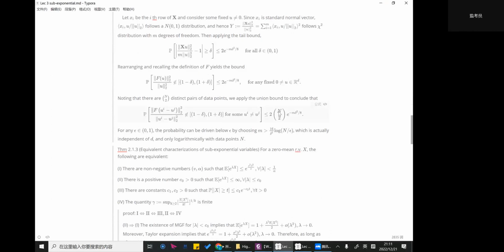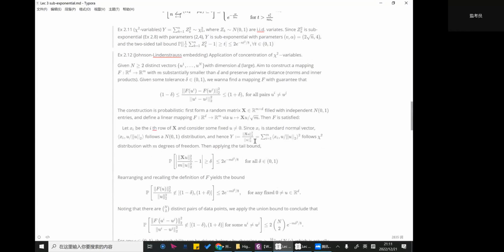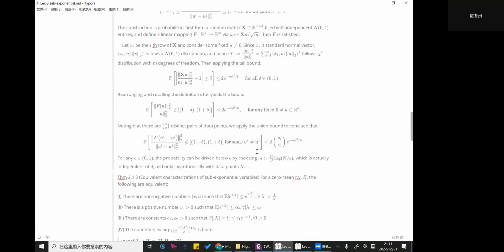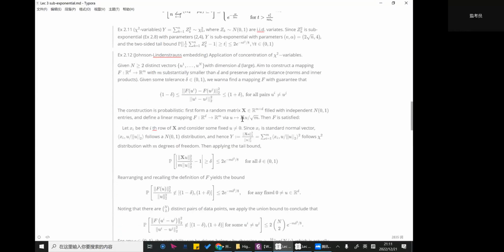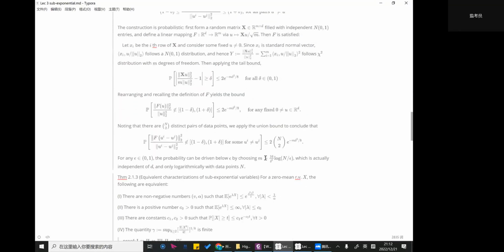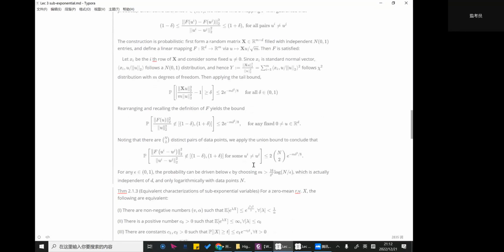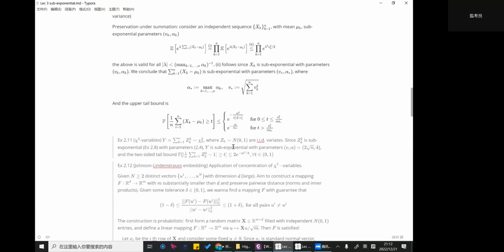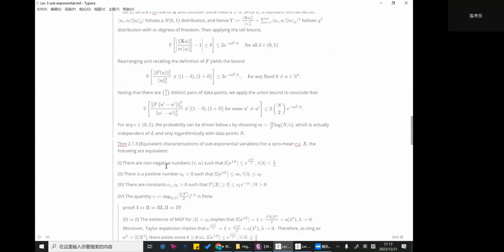So if we have too many points, or we set different epsilon and different tolerance delta, then we may not achieve our goal to embed a higher dimension into a smaller dimension. So this is an interesting property. So this is example 2.12.